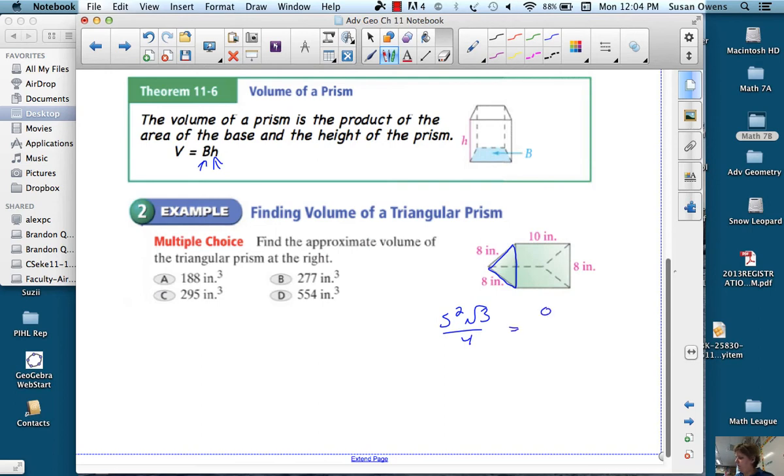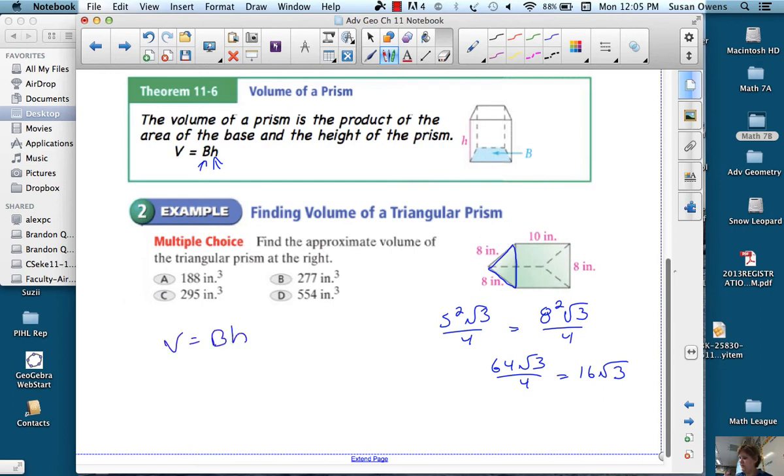So this is going to be 8 squared root 3 over 4, or 64 root 3 over 4, or 16 root 3.